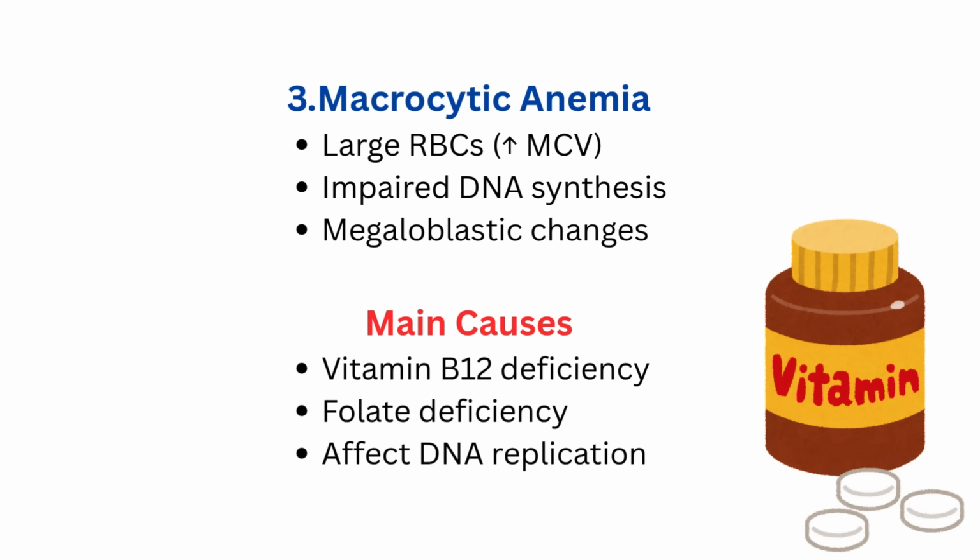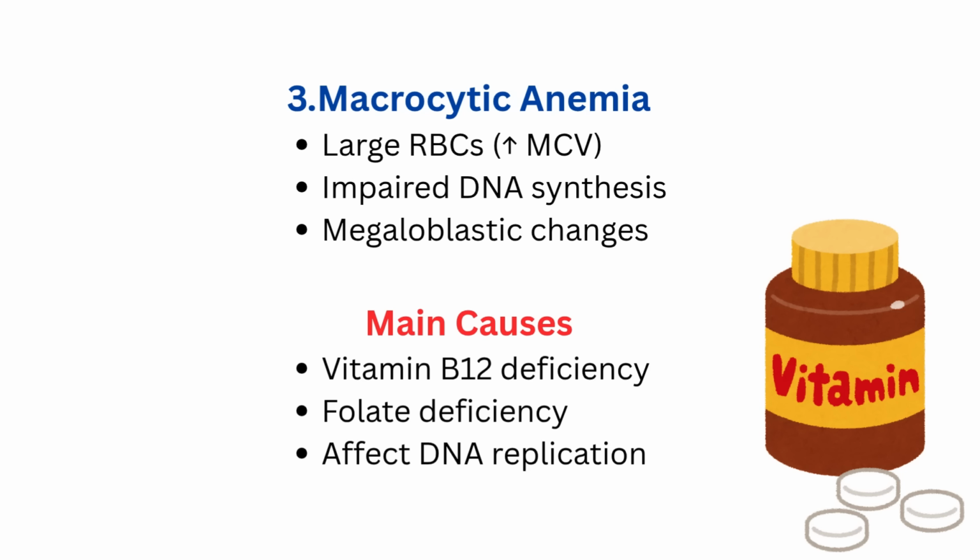3. Macrocytic anemia. Macrocytic anemia involves large red blood cells due to problems with DNA synthesis. In short, macrocytic anemia is: 1. Large RBCs, increased mean corpuscular volume, MCV. 2.